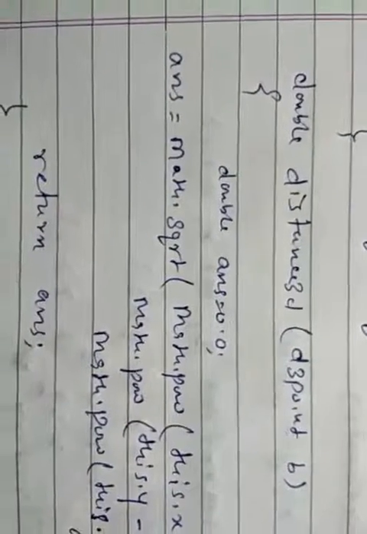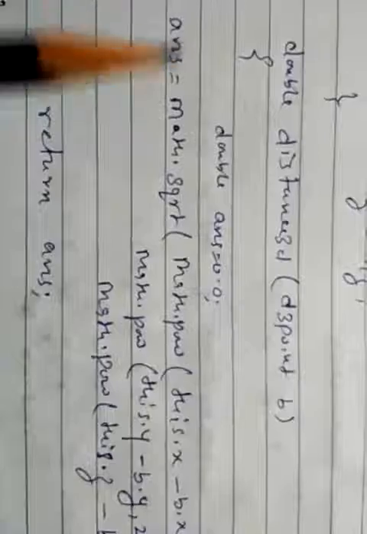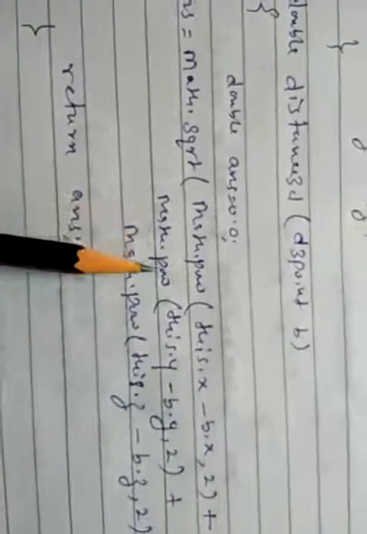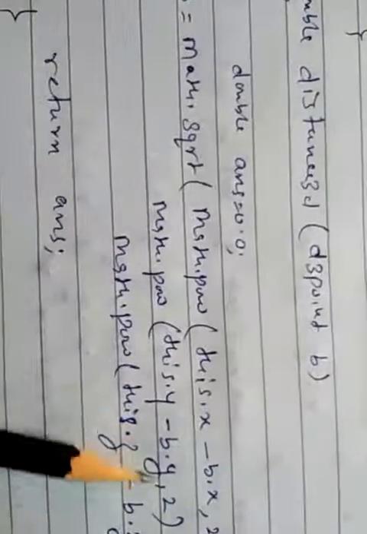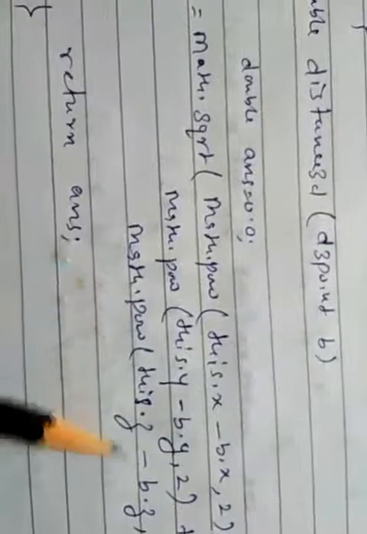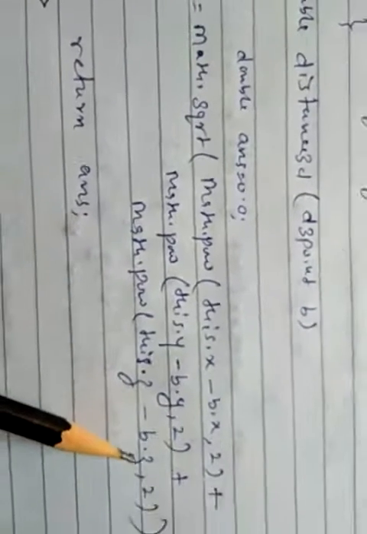And in this we are calculating the distance between the current object and the passed object, and the formula is given in the question. So we are writing the Java expression for that: Math.sqrt of Math.pow(this.x minus v.x, 2) plus Math.pow(this.y minus v.y, 2) plus Math.pow(this.z minus v.z, 2).